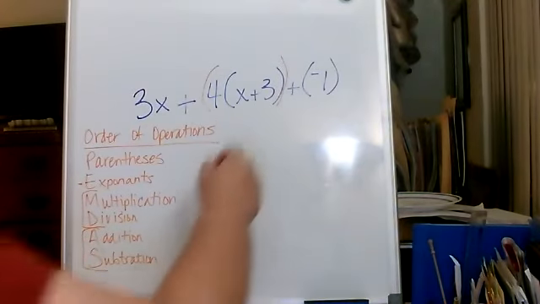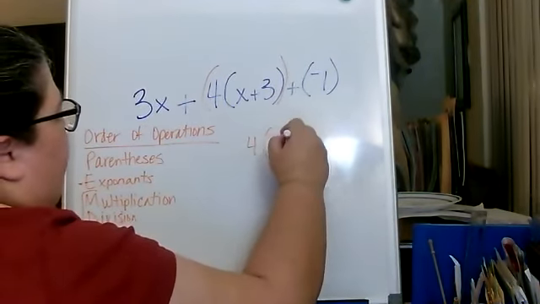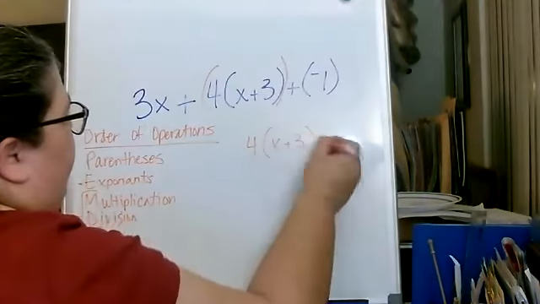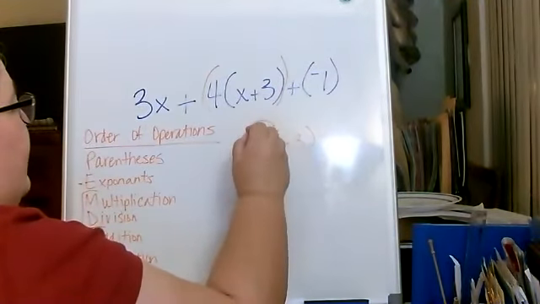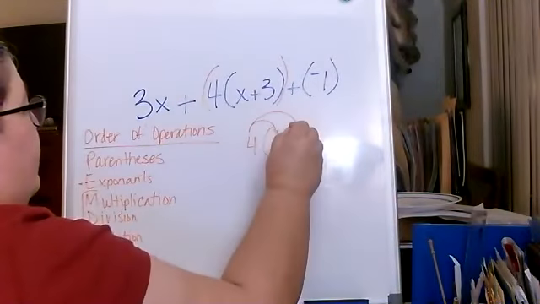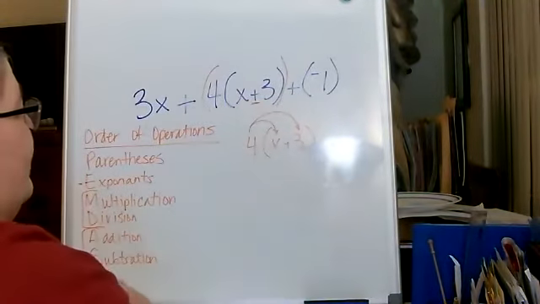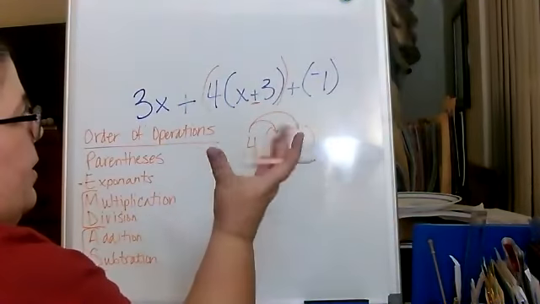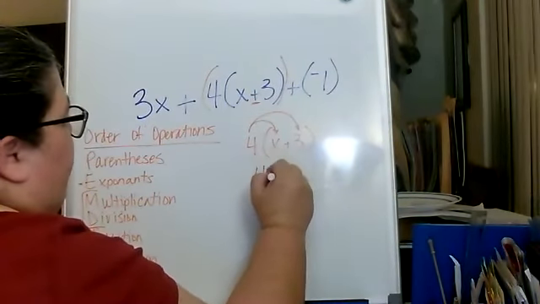So we're going to bring this out here. 4 parentheses x plus 3 end parentheses. And we're going to take this 4 and multiply it by x, and take that 4 and multiply it by 3. And because our sign is plus, it's going to be an addition expression. So 4 times x is 4x.